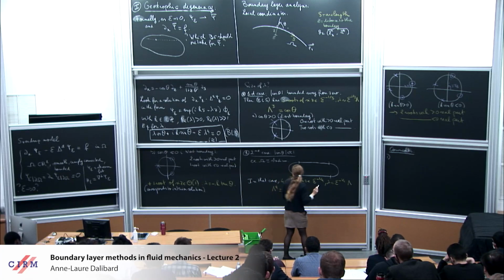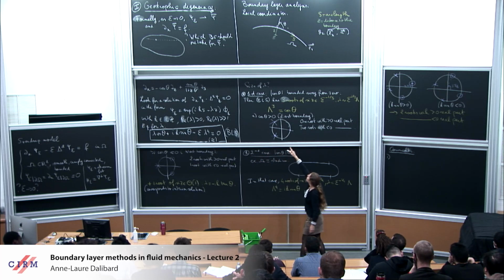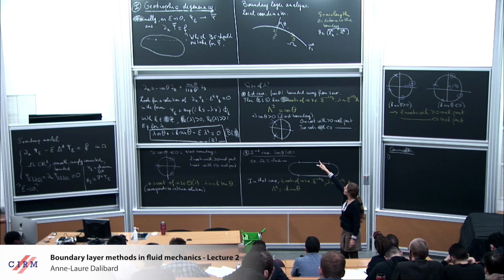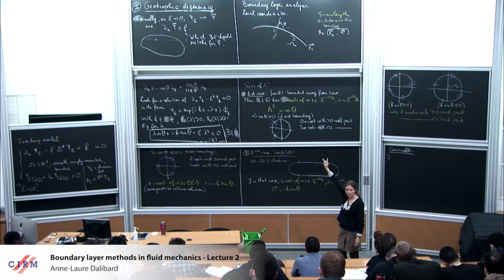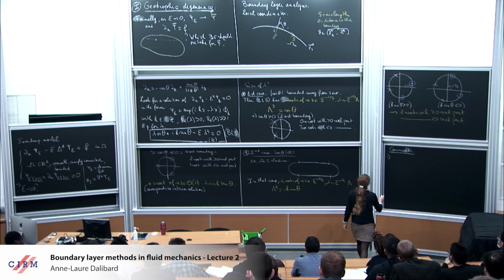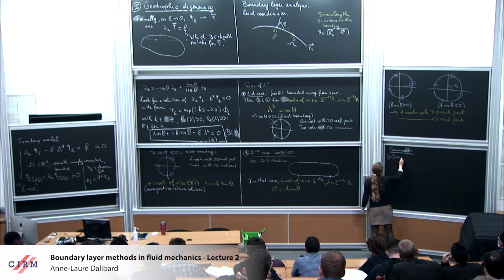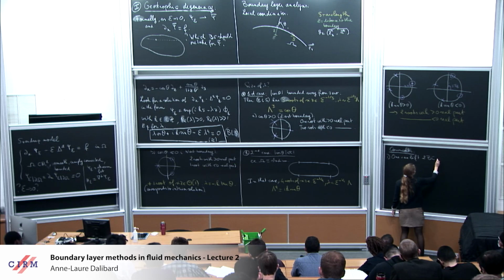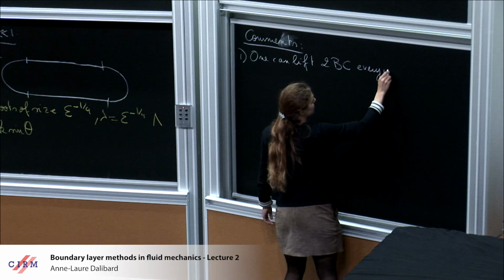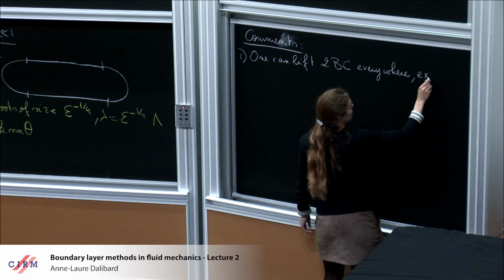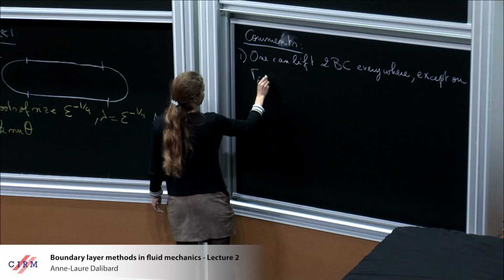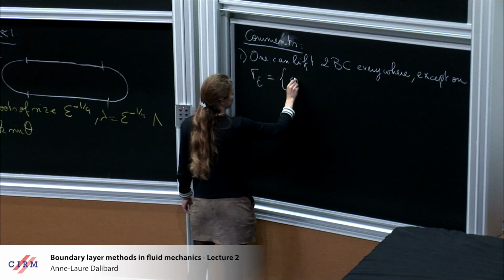So this tells you that actually, in what I wrote over there at the very top, the boundary condition that you should take for psi bar is that psi bar vanishes on the eastern boundary. Okay? So one can lift two boundary conditions everywhere except on gamma E, which is the place where cosine theta is positive.